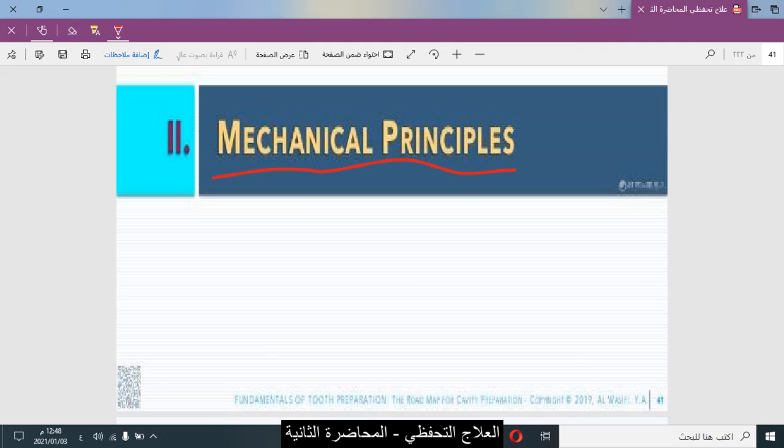In the case of biology also, we do not extend the cavity more than what I mentioned, one quarter or one third of the triangular ridges, because we would enter the area where the force of mastication is concentrated, especially the vertical and oblique forces, which make the restoration or the tooth structure fracture. We have to make the closed contact permanently either completely in the restoration or completely in the tooth structure.